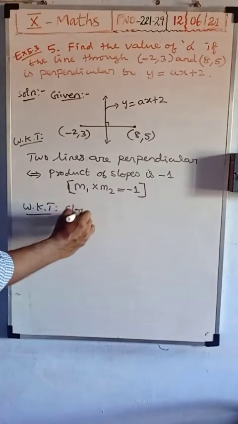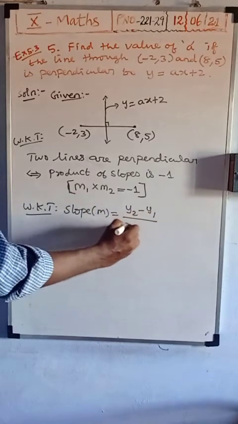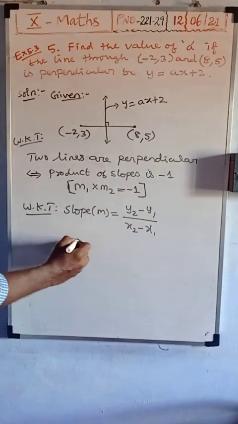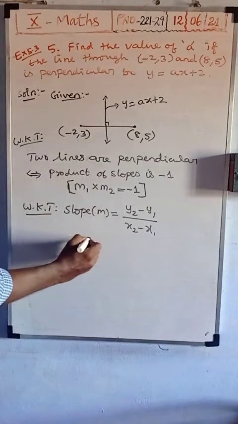So we know that slope m is equal to y2 minus y1 by x2 minus x1. Here 2 points are given. So for the slope, you choose this as m1. Okay, these 2 points.